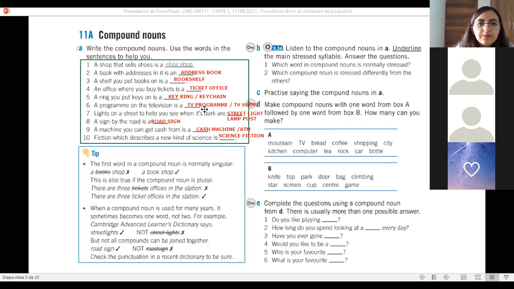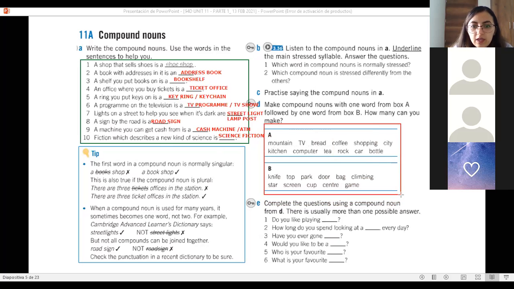Listen carefully, guys. I'm going to make a small red rectangle to show you these two columns. We have column A and we have column B. And you have different words in each part. We have like 10 words in A and 10 words in B. What are we going to do?